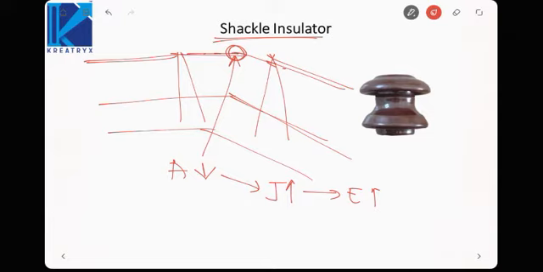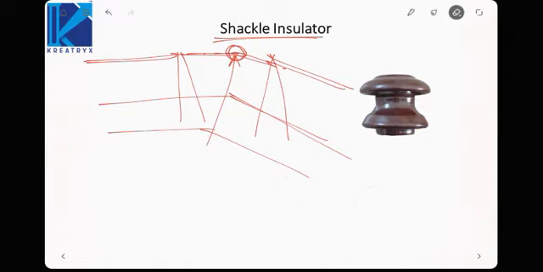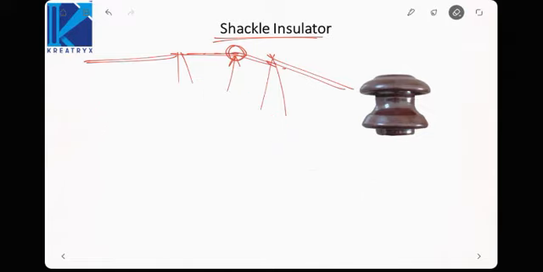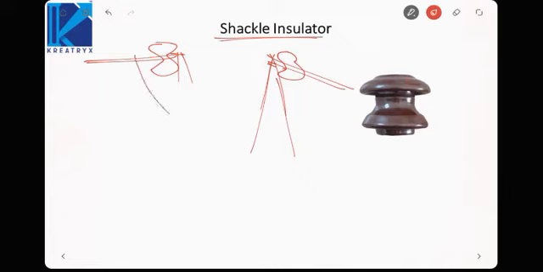So we do not want any sharp turn in the case of transmission line. What we do is, we use shackle type insulator on both these towers like this. Okay, and the transmission line on both the towers will be connected by means of a jumper.